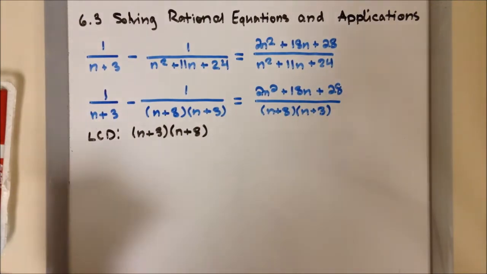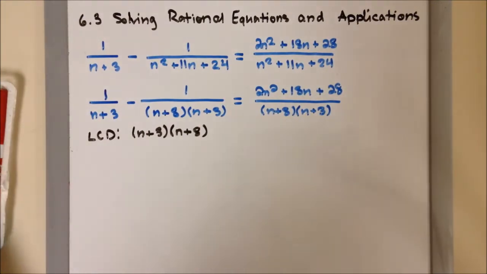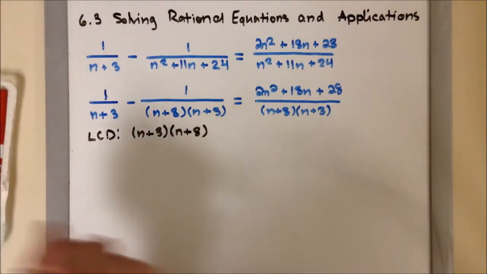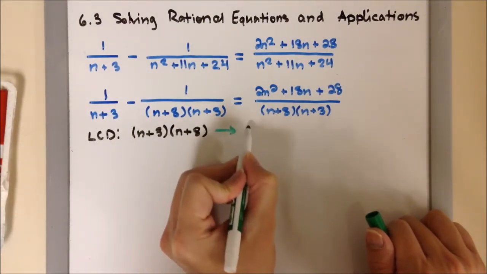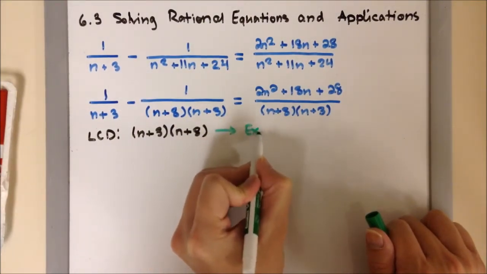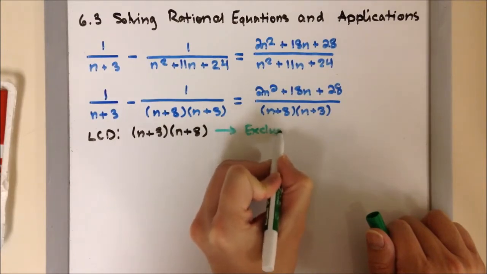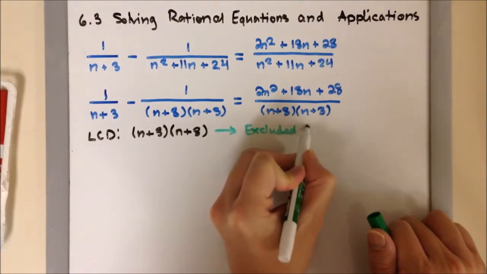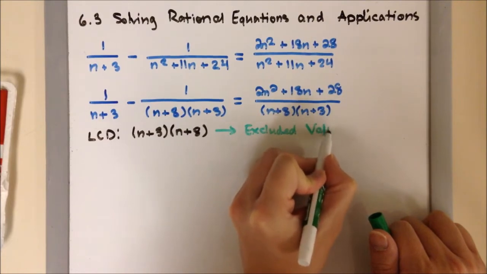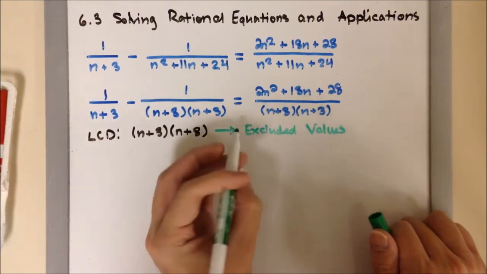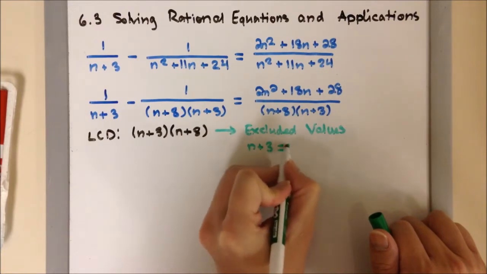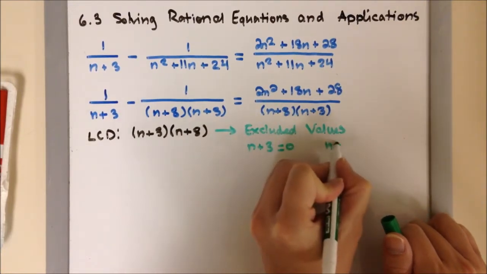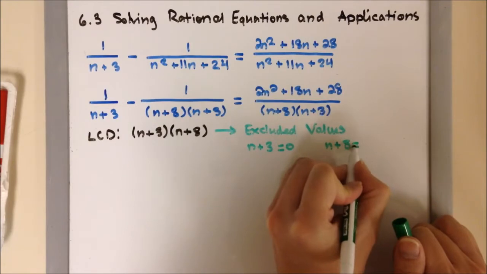Now from there, we're going to actually look for our excluded values first. So excluded values will be n plus 3 equal to 0 and n plus 8 equal to 0.